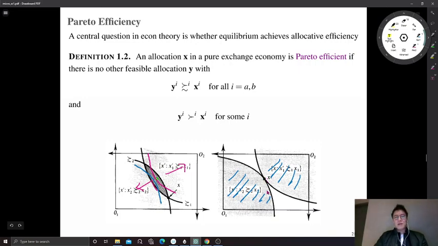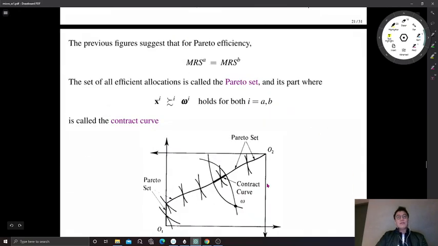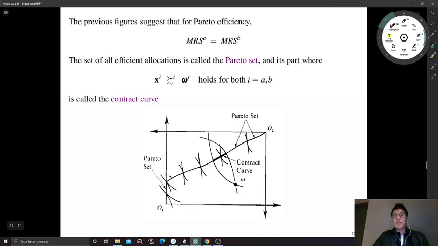So from this figure, we can infer one important property of Pareto efficient allocation. At Pareto efficient allocation, two consumers' indifference curves are tangent to each other. So in terms of marginal rate of substitution, because MRS is the slope of the indifference curve, for Pareto efficiency, two consumers' marginal rate of substitution should be identical.